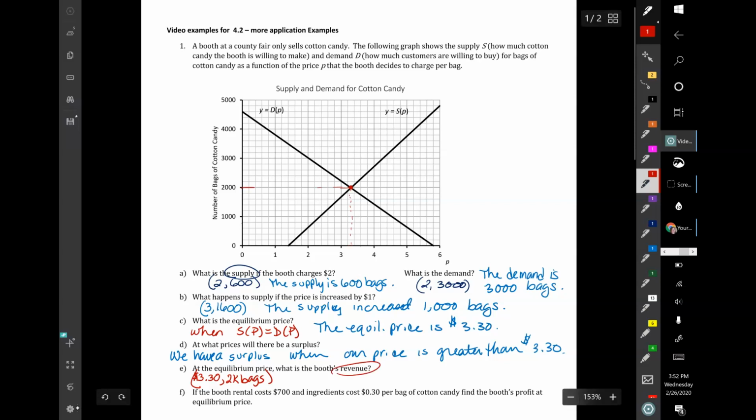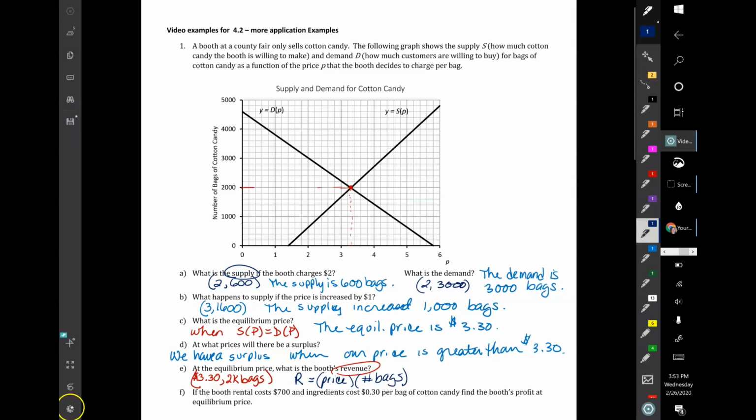But what is the revenue? Revenue means how much money did I take in? So it would be the price times the number of bags. So we actually have to multiply those two things together.